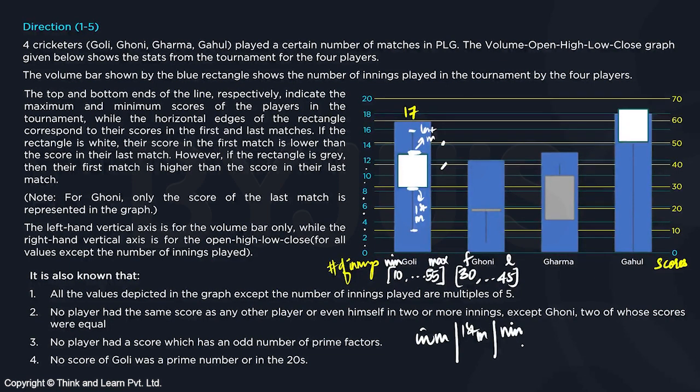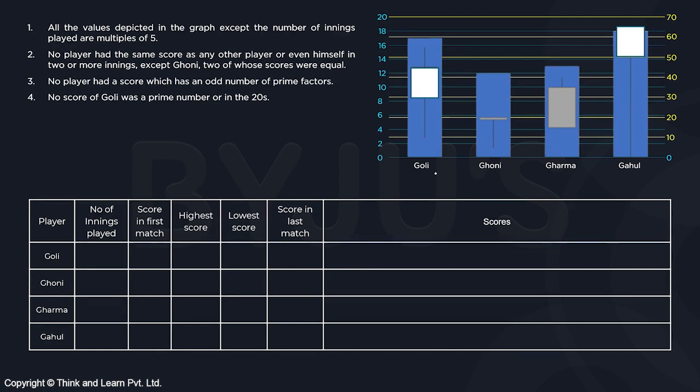We are starting from the top. So let's start with the maximum score, and then the minimum score. Then let's calculate the last match score, and then the scores each player is going to score. Okay. So let's look at goalie.